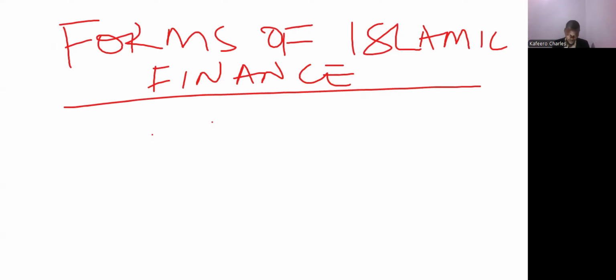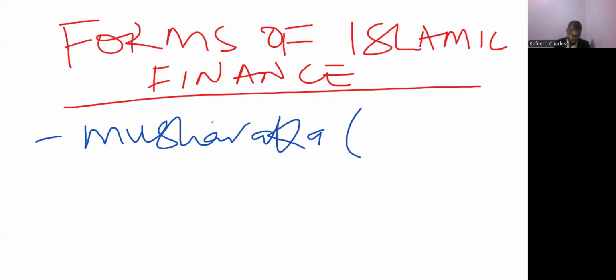So one of the forms, we can start with Musharaka, and we said Musharaka is a form of equity, more of equity partnership.